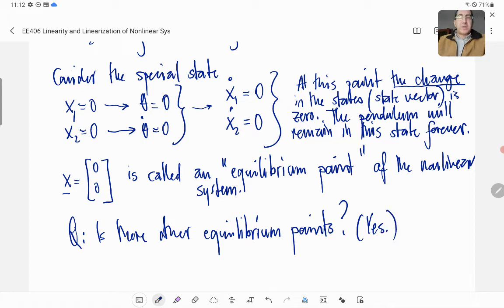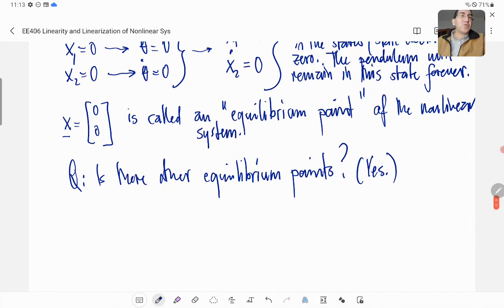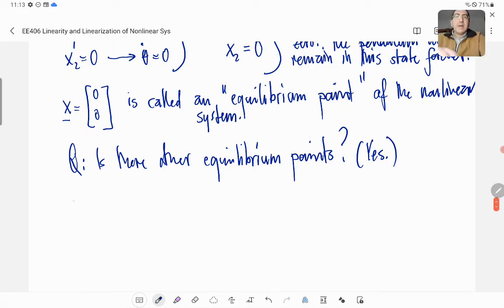And I'm going to show it to you for the pendulum system first. Okay? Obviously, how many equilibrium points there are really depends on the system. Okay? For this system, in fact, there are 2 equilibrium points. Now, let us consider another point. Let's say x is equal to pi and 0.